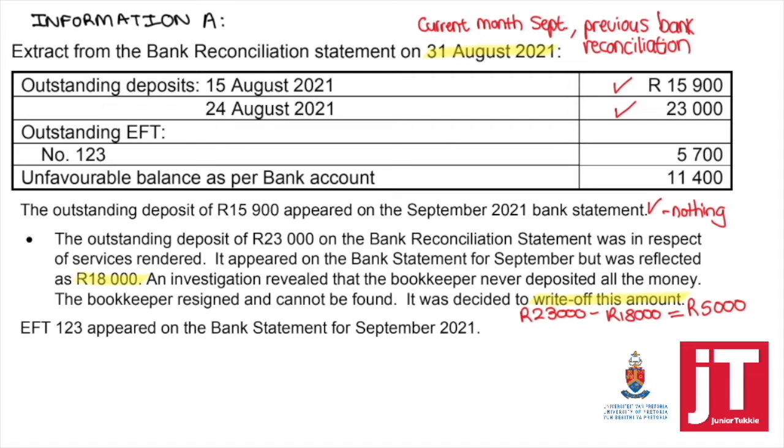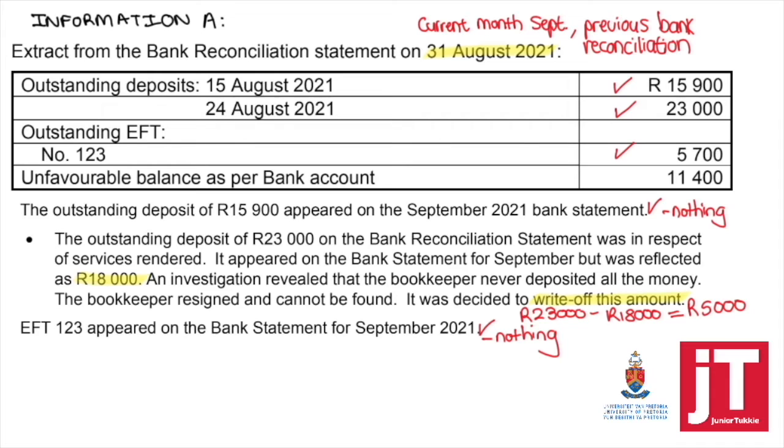So this means we will need to write this amount off in our cash payment journal. So make a note of this and don't forget to complete it later on. The last one, the EFT 123, appeared on the bank statement for September 21. So if it appears, we do nothing with it, we're just going to tick it off.